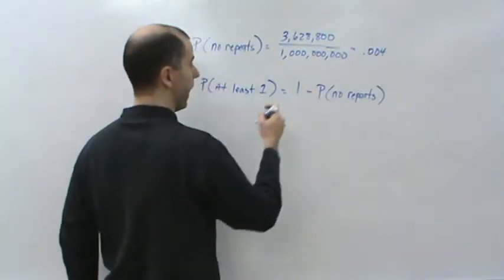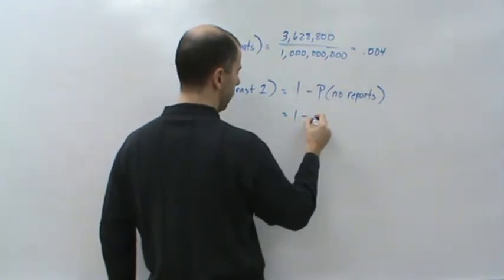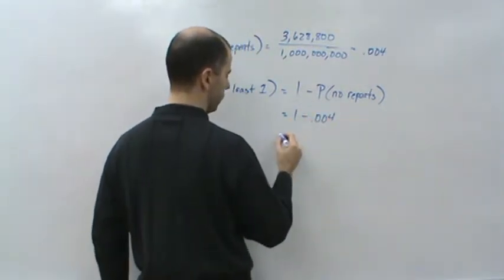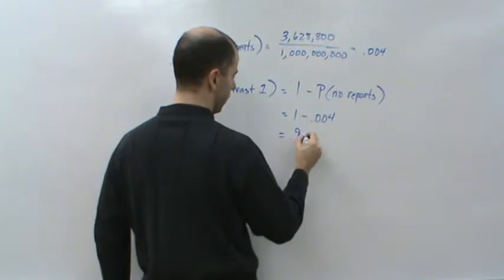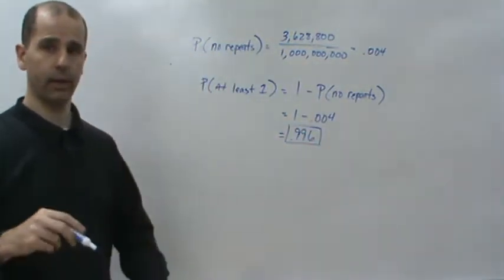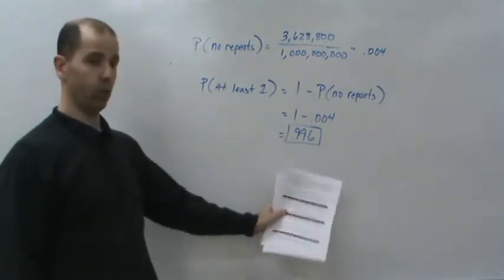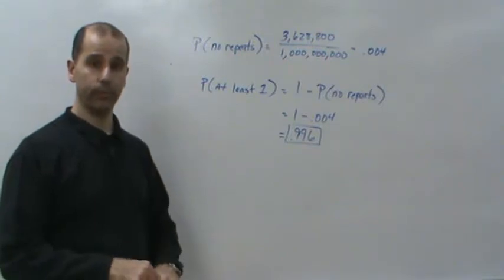And so we already know that. That's 0.004. So that's going to be 1 minus 0.004, which is going to give us 0.996. Okay? And that's it. So again, we're using the complement rule whenever we have at least one.